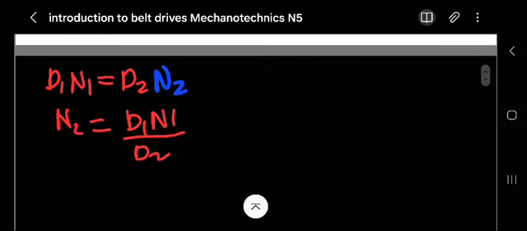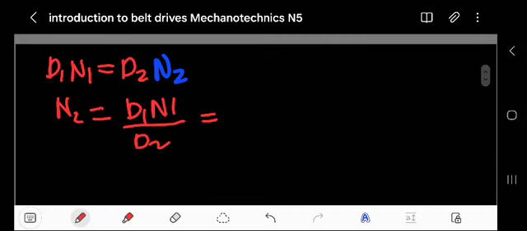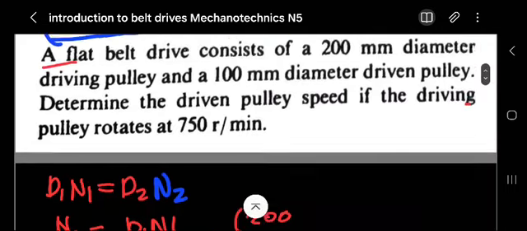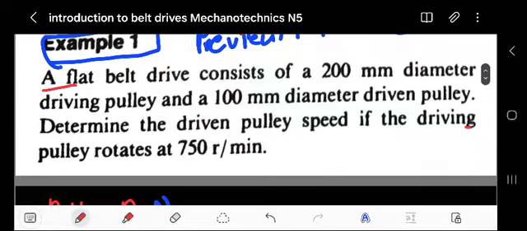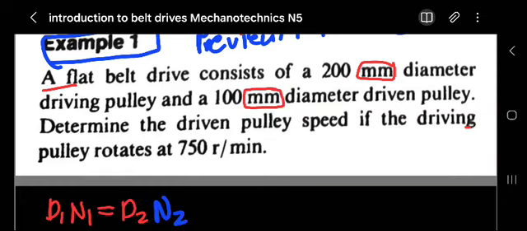Then now it's a matter of substituting. We have d1, obviously 200 millimeters. You can convert to meters, but why convert? As long as your SI units throughout are the same, there is no need to convert.